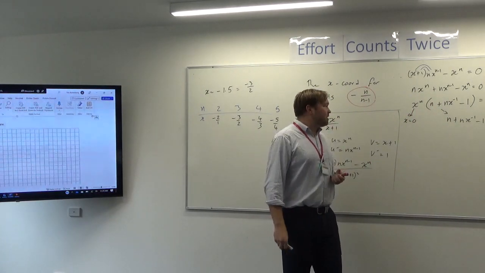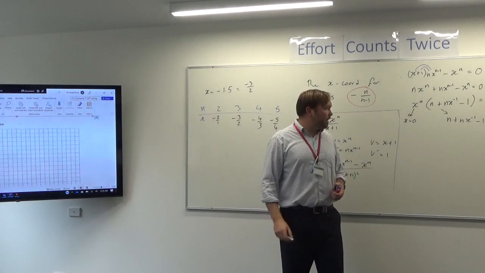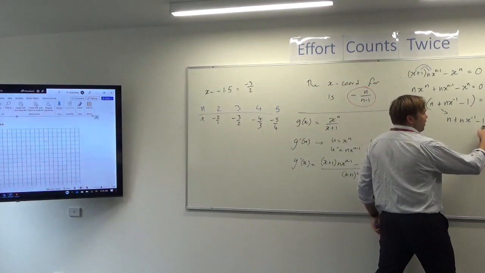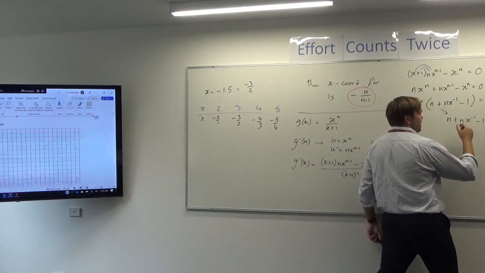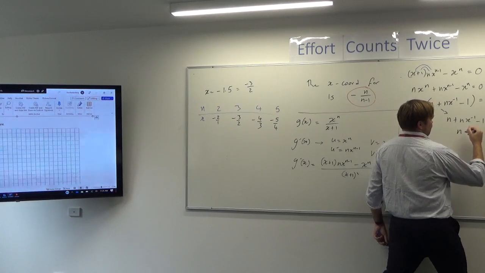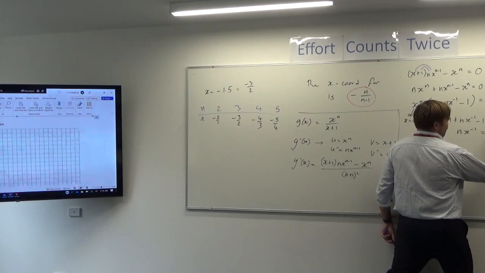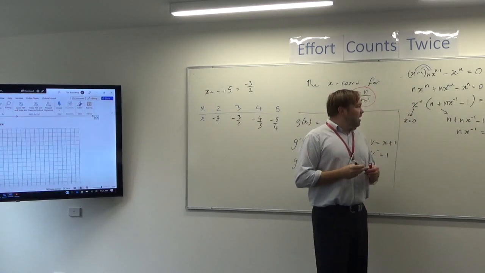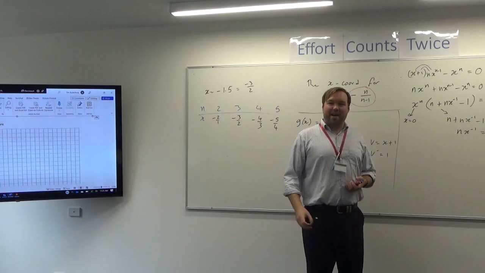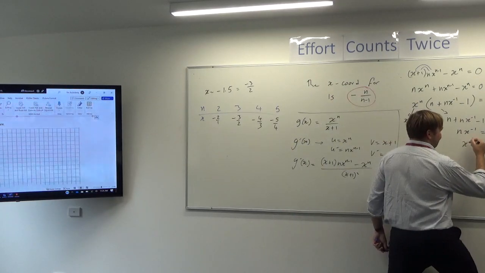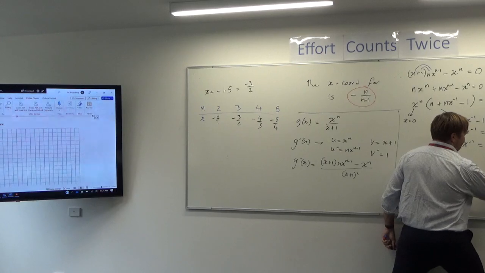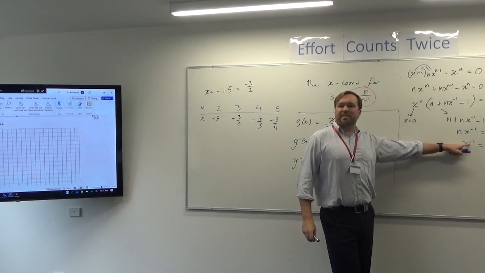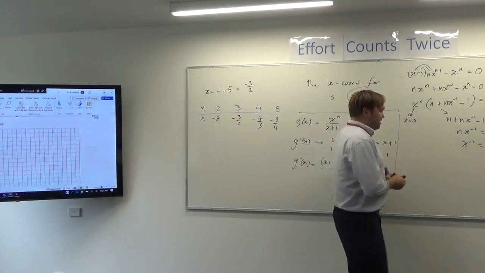Now there's only one lot of x, so we can basically solve for it directly. I would start throwing stuff on the other side. So I'm going to take one, or add 1 to both sides and take n. I'm then going to divide both sides by n. And then I'm sort of going to remind myself that this is really 1 on x.